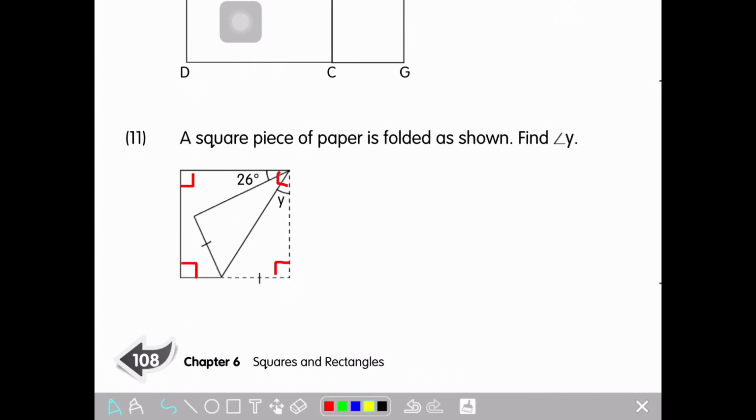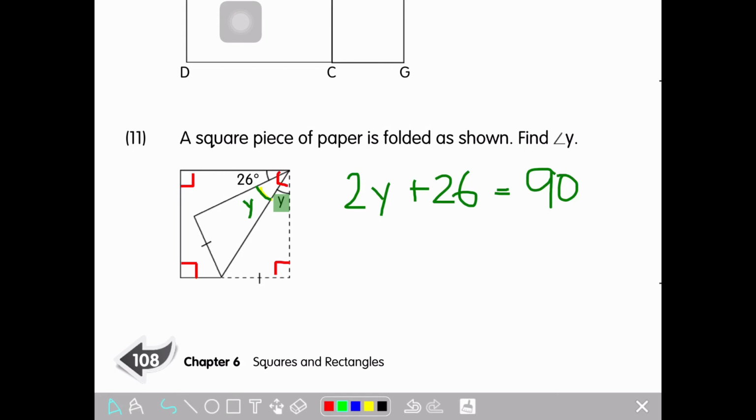We look at angle Y. Angle Y is exactly the same as this angle, which is also angle Y. So there are 2 angle Y's and 26 degree. 2 angle Y plus 26 degree is equals to 90 degree right angle.